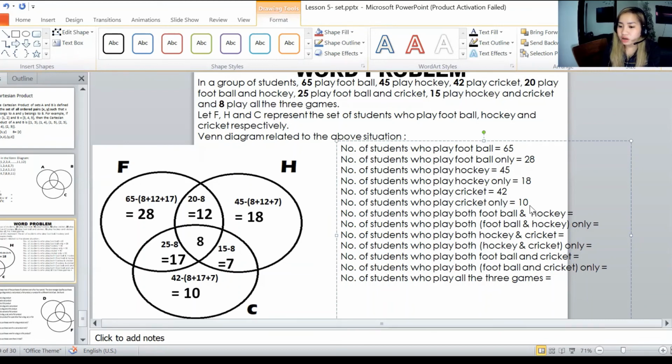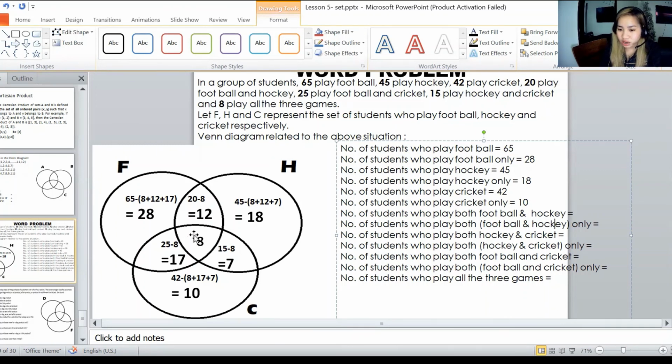Next, we have a student who play both football and hockey. Yung naglalaro daw po ng football at saka ng hockey. So, dito tayo titingin, football tsaka hockey. Ito po, 12 tapos 8.